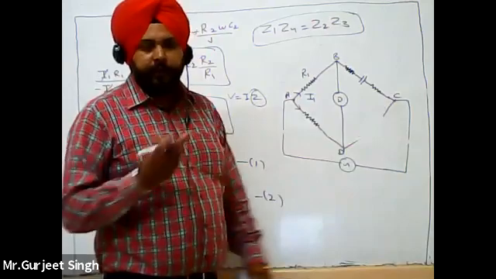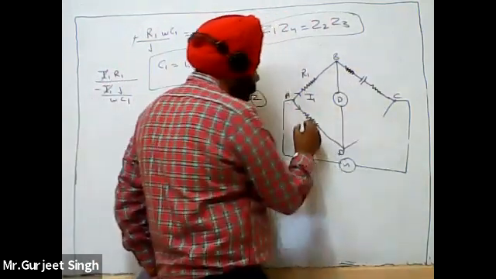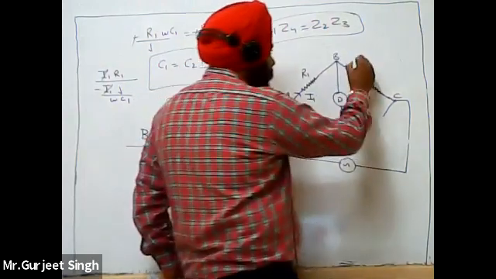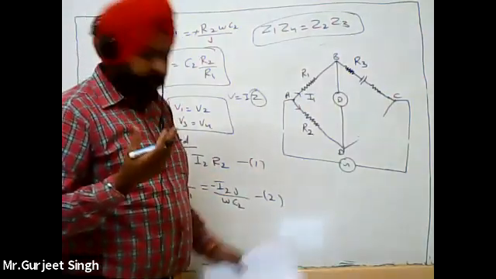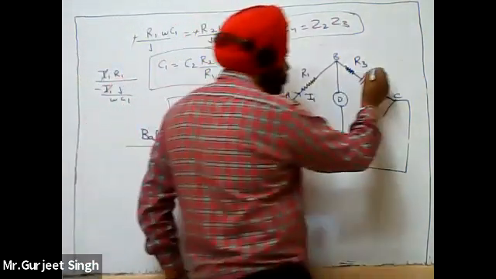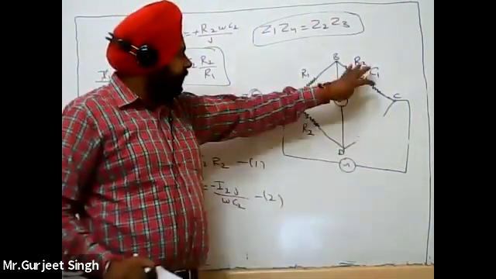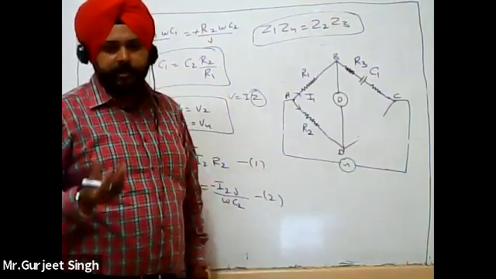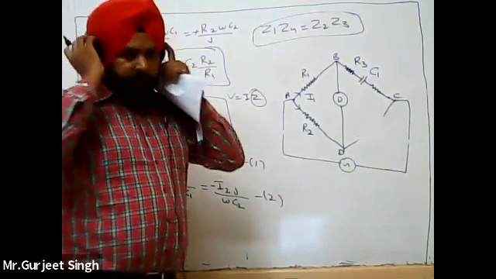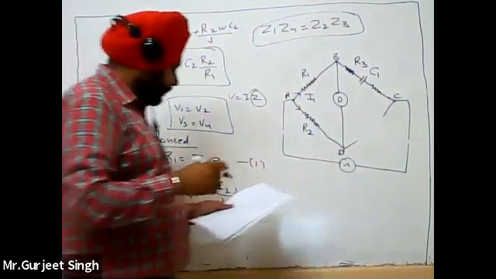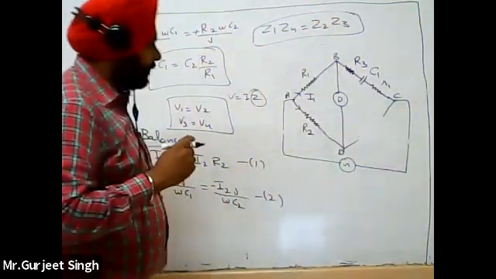So what modification have we done in the Schering bridge? This is R1, this is R2, this is the R3 resistance. We have added the series resistance R3 with the capacitor C1, the unknown capacitance, and the R1 resistance is also added.